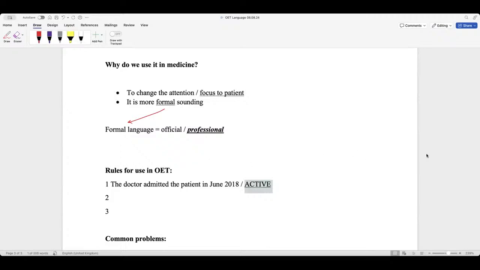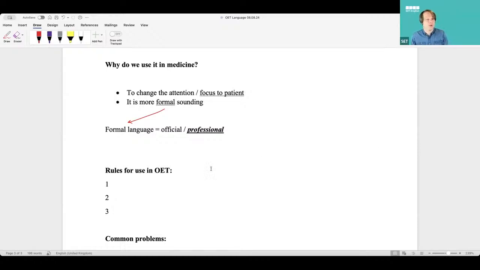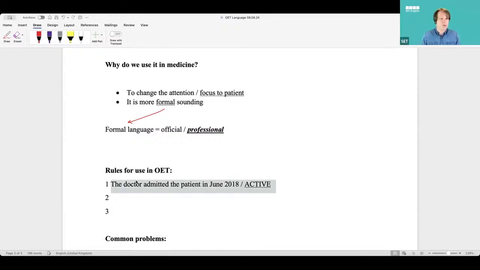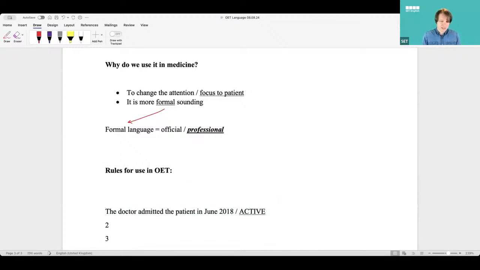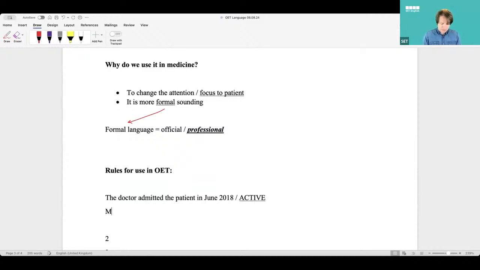Now, do we always use passive? No. So what are the rules? Look, this one is wrong. That's bad. But I can say this: Mrs. Green visited our clinic.